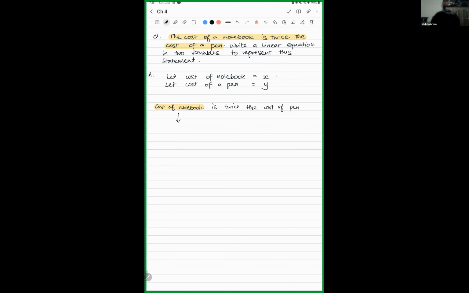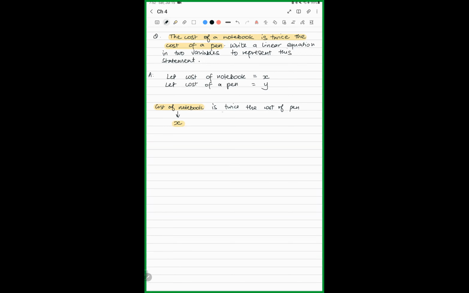The cost of a notebook is X, right? So in place of cost of notebook, we write X.